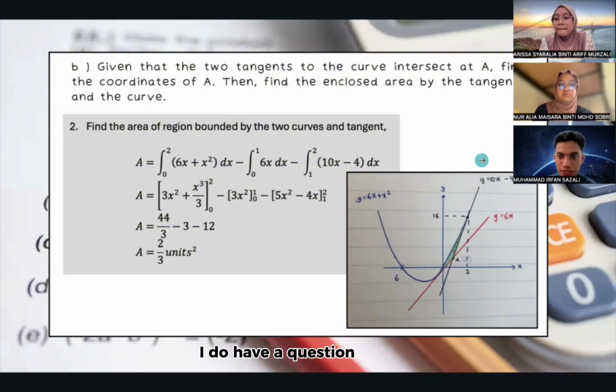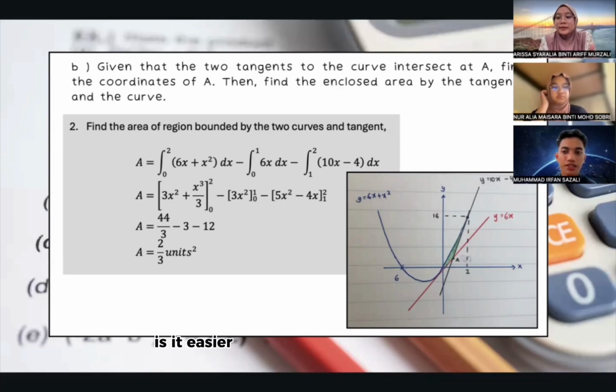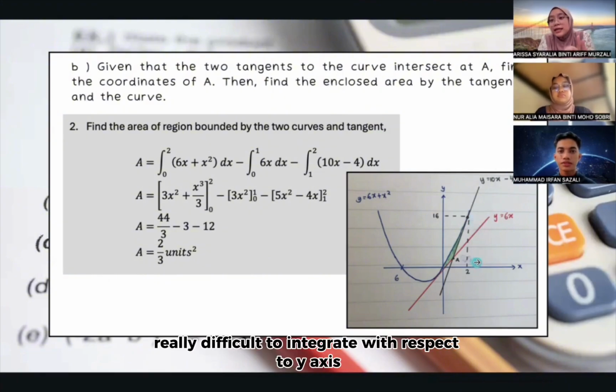I do have a question, teacher. Is it easier to integrate with respect to the y-axis? Okay, if you look at the graph here, it's really difficult to integrate using the y-axis.